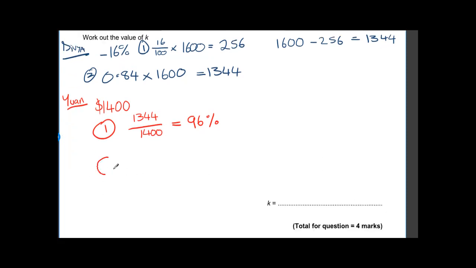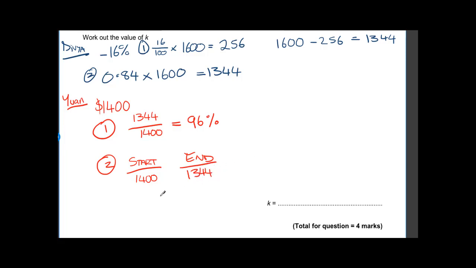The second way, well, okay, you can say the start price, at the start it costs 1400. At the end, after applying the discount, is 1344.